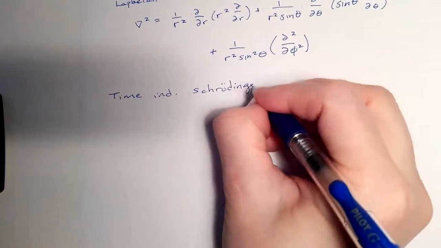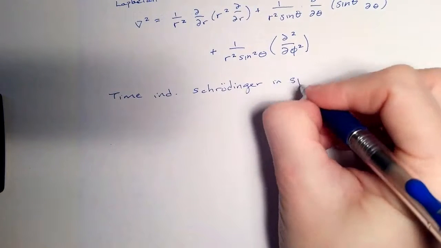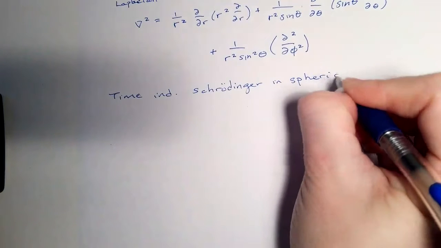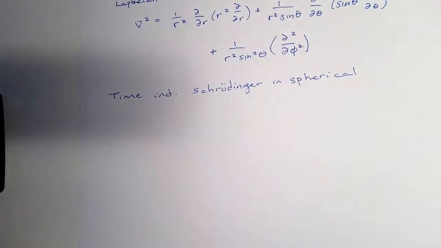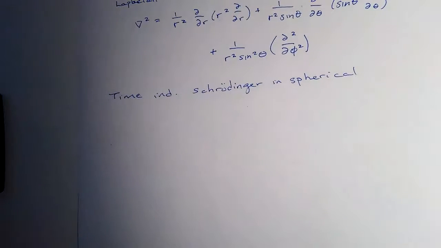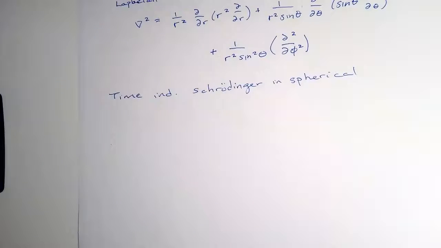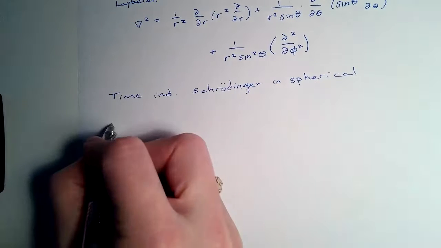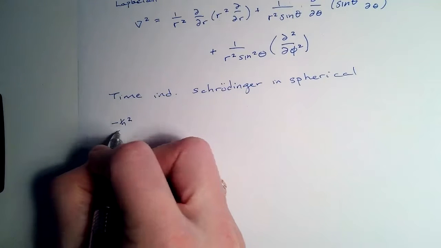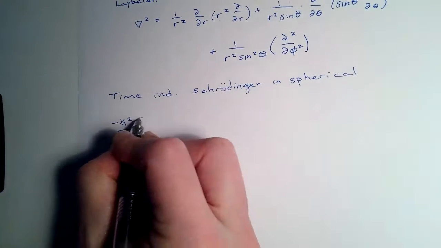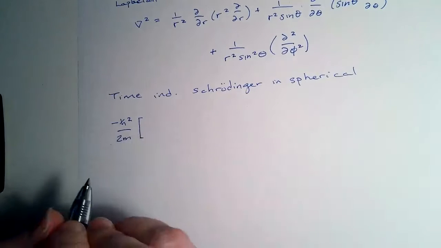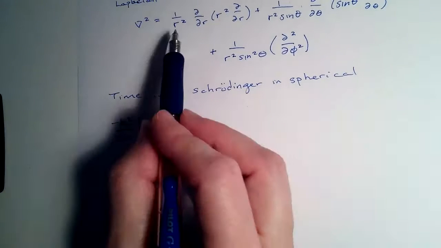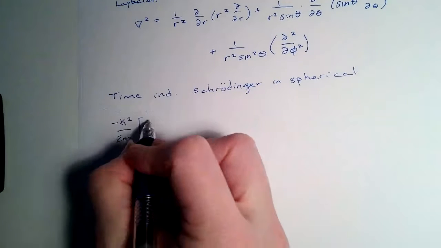So, time-independent Schrodinger in our spherical coordinates. That's where we were before we were interrupted by pets. Okay, get my lighting rearranged. So our time-independent Schrodinger in spherical gets a little messier looking than what we had in Cartesian because we have to include this Laplacian up here.